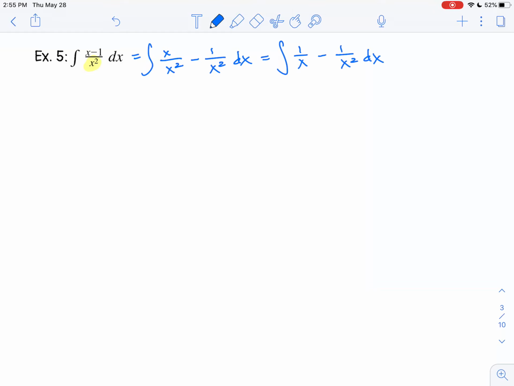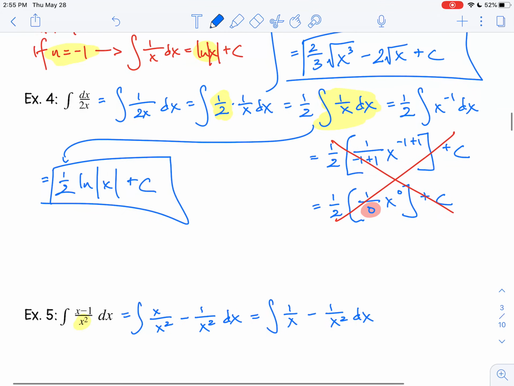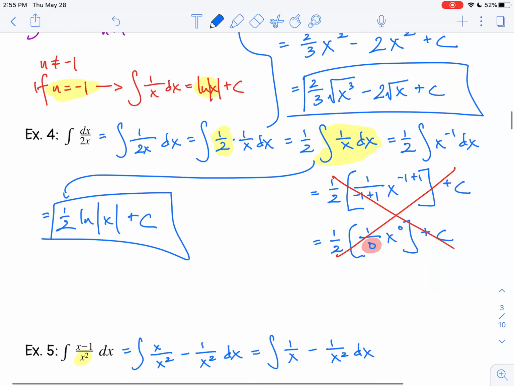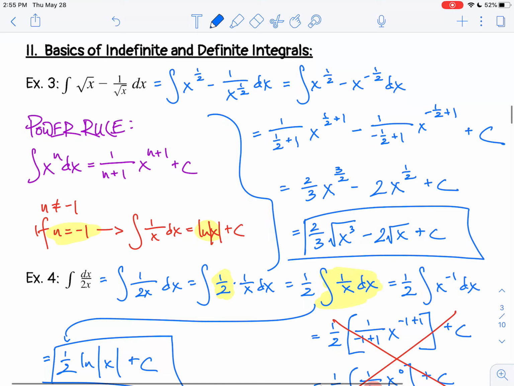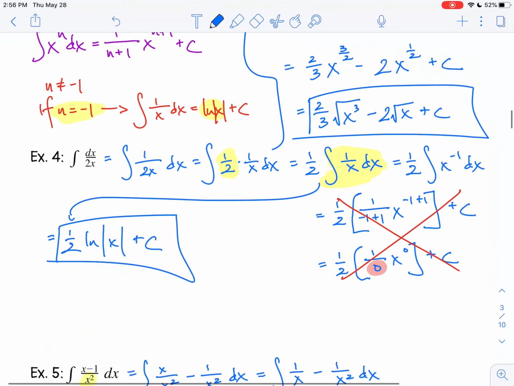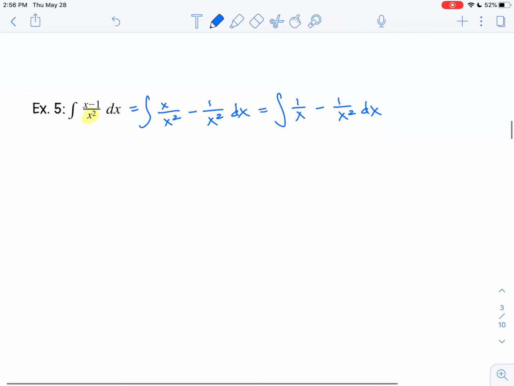Now, here's why I chose this problem, okay? We just saw in example 4 that we can't use the power rule when we have 1 over x. But we also saw in example 3 that with any other power, we should use the power rule, okay? So sometimes that happens together in the same problem.